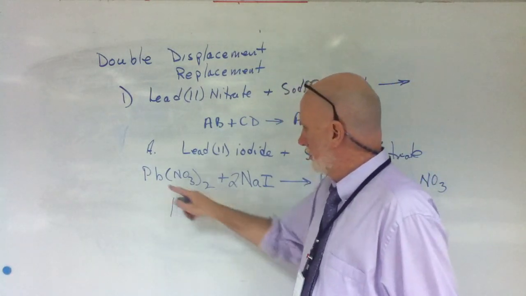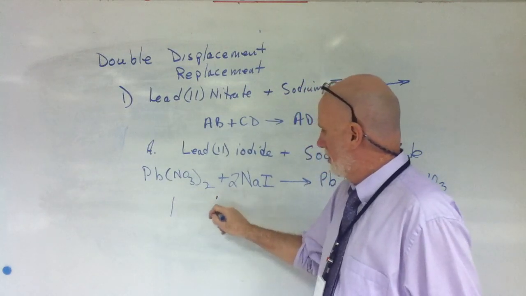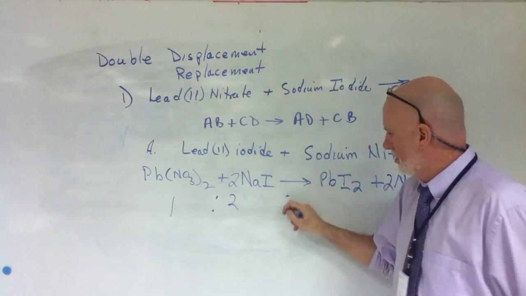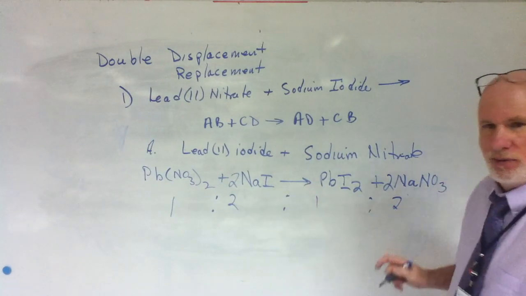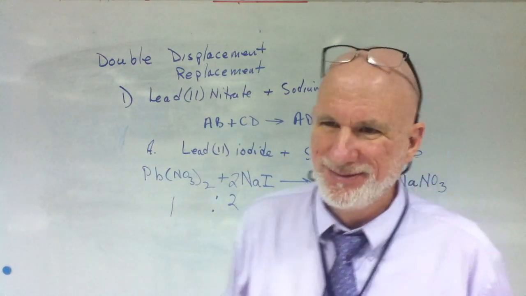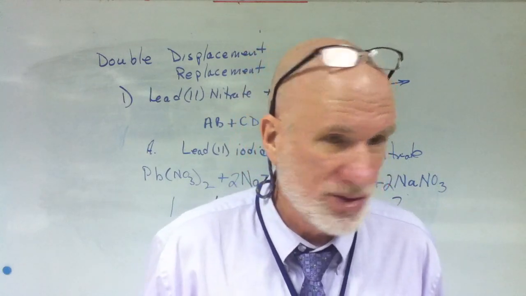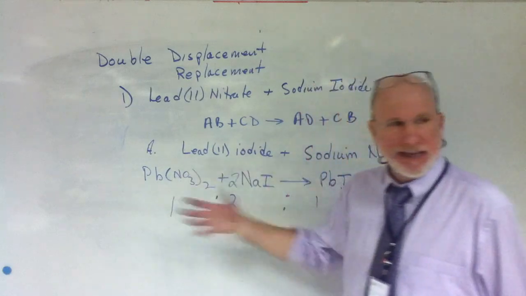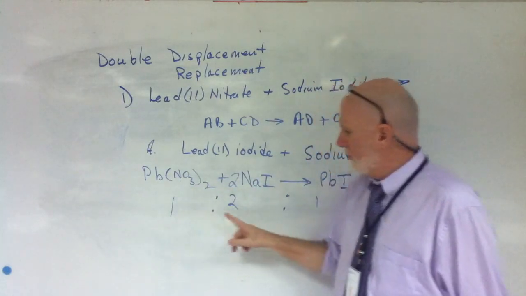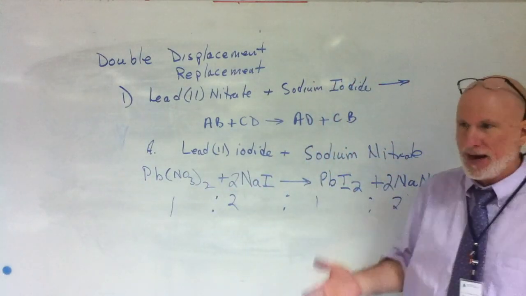Now, how do you check it? Well, this is 1, that's a 1, 1 to 2, 1 to 2. Isn't that the lowest ratio? Can I get any lower? In whole numbers? No. So that you know it's correct. If you balanced it atom by atom and wound up with 2, 4, 2, 4, would that be correct?